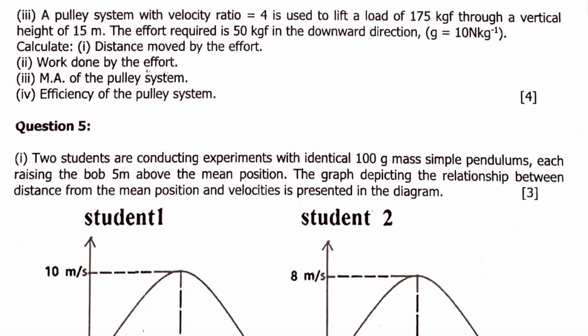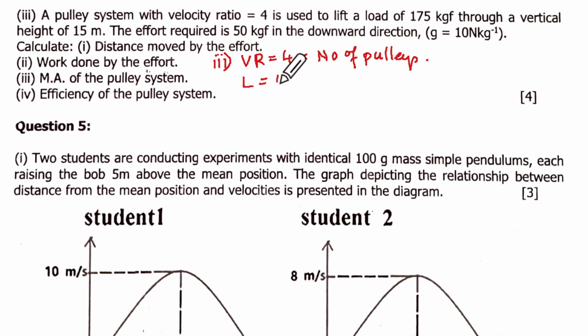So this was your second part, and we come to the third part. Third part, pulley system. What are they telling you? Now this is a very familiar scene. Velocity ratio is equal to 4, which is equal to the number of pulleys, correct? Yes, ma'am. Lift the load of 175 kgf.